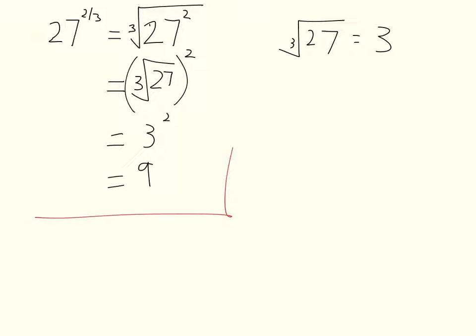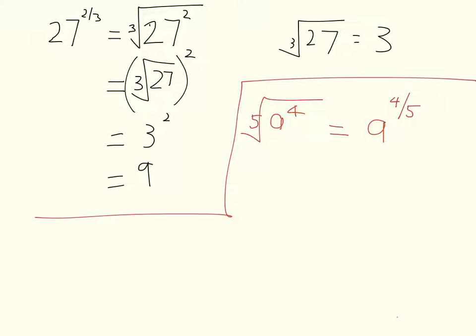The other type of problem you might be asked is to go and do this in reverse order. So you might be given something like the fifth root of a to the power of 4. Well, again, that's just a to the power of 4 over 5. If I've got the root of n cubed, well, that's just n to the power of 3.